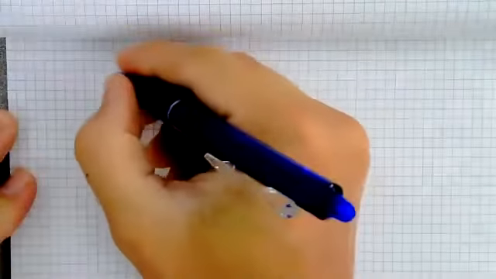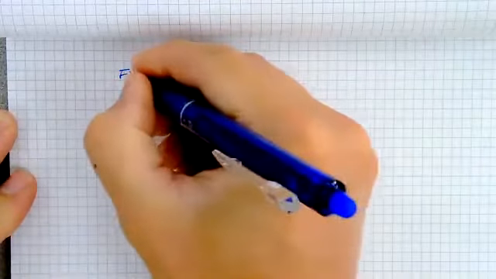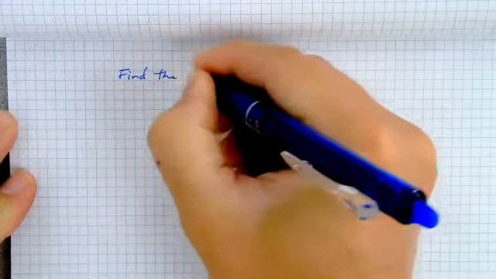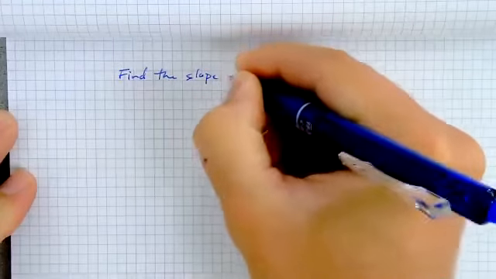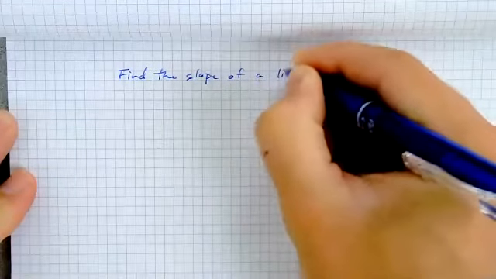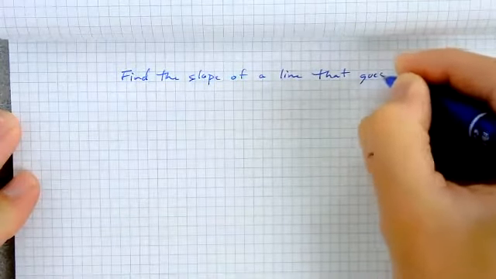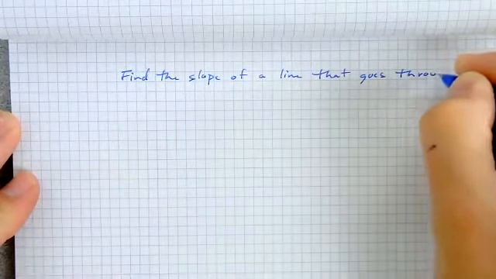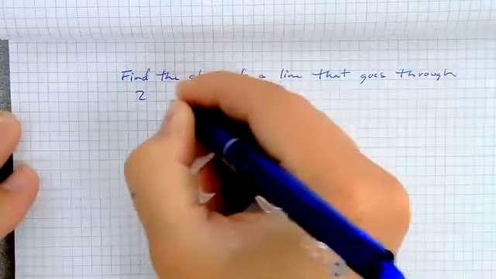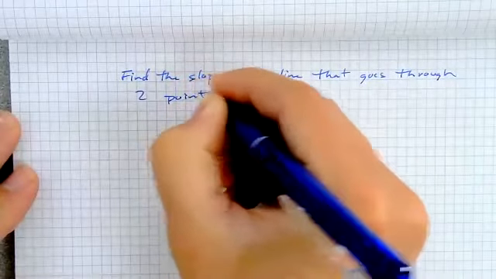All right, so we're going to find the slope of a line that goes through 2 points.